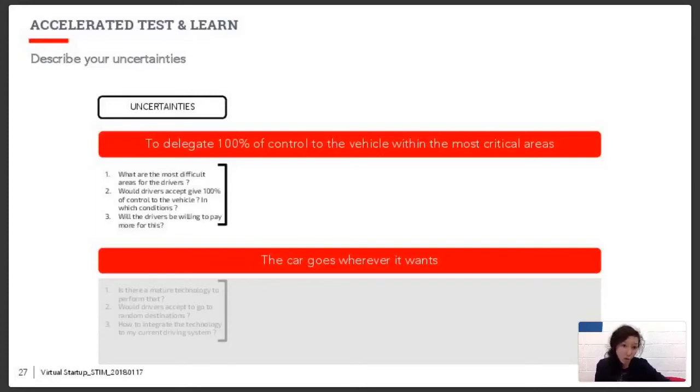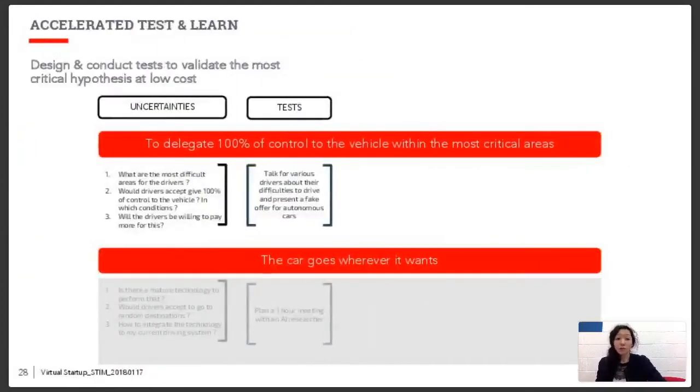The first one, for instance, will be: what are the most difficult areas for the drivers today? Will they actually accept to delegate 100% of their attention all the time? In which conditions? And then, are they willing to pay more for these kinds of solutions in future? Based on that, we're going to design our tests.